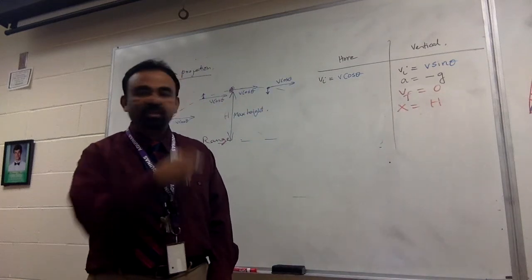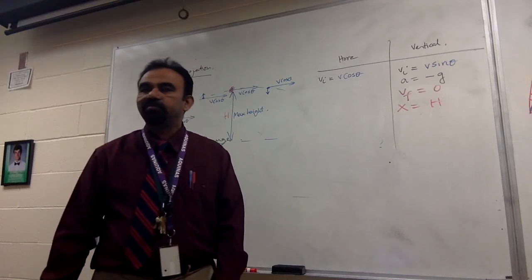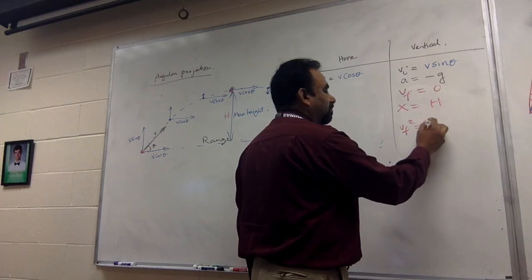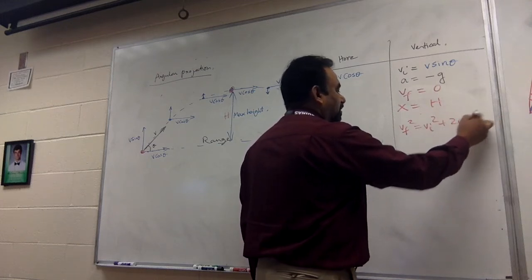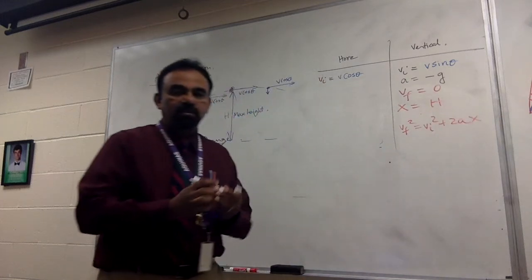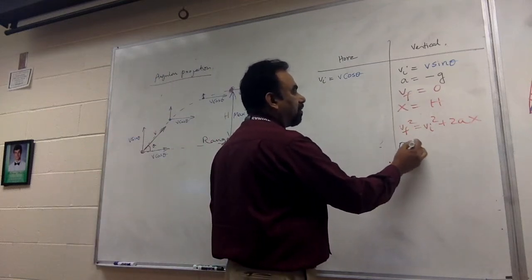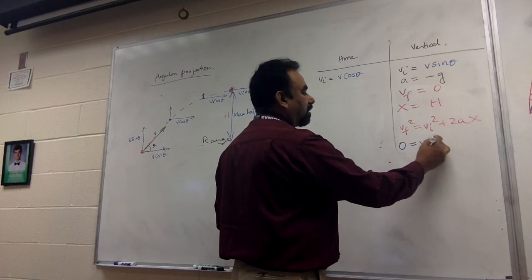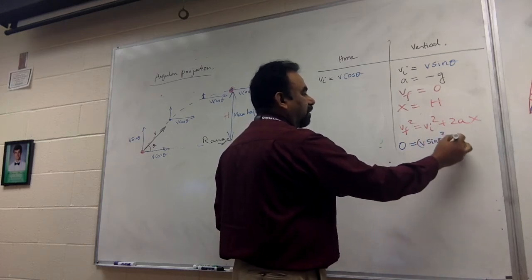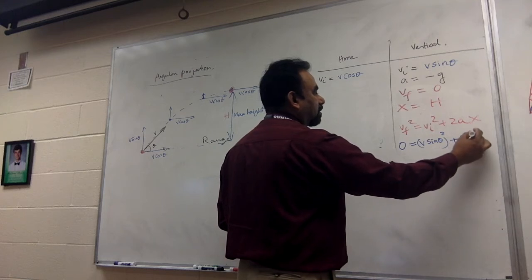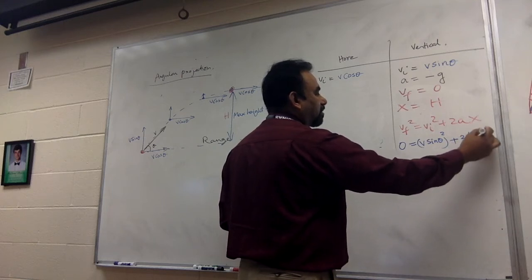So what equation will help you to get there? Something that doesn't have time. So VF square is equal to VI square plus 2AX. Substitute. VF square 0 equals V sine theta square plus 2 times negative G times height.